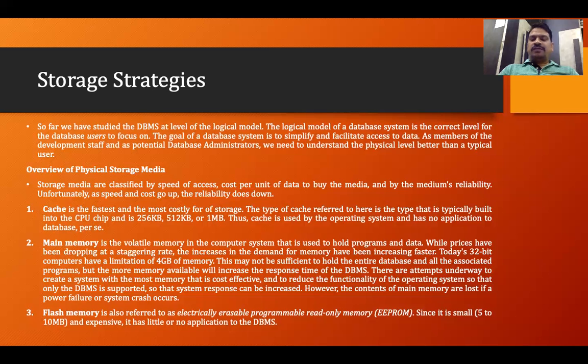As well as the reliability, meaning how reliable my storage is, how far my data will be safe, right? So taking all those things in mind, we'll see different storage and how it will be useful for the database management system.